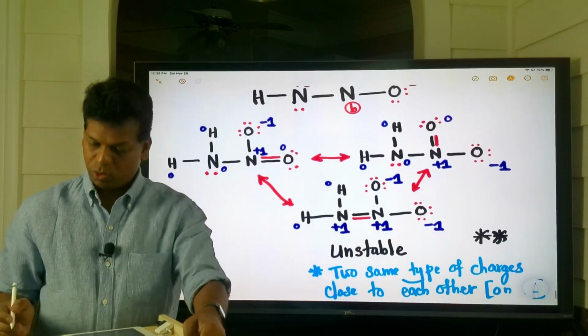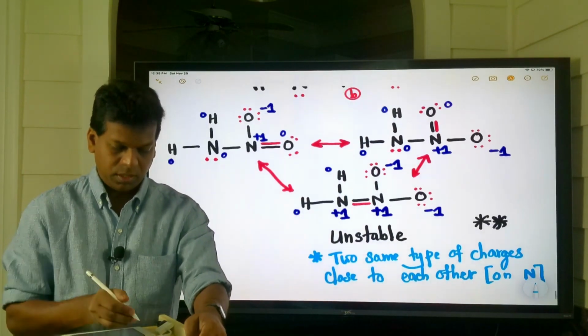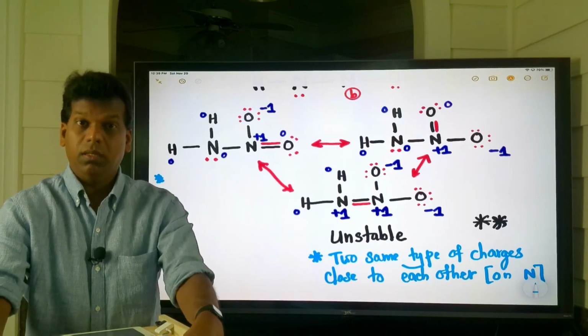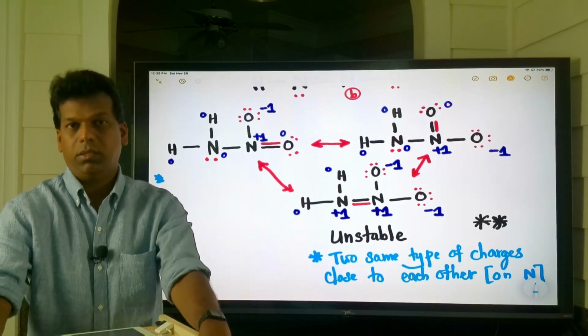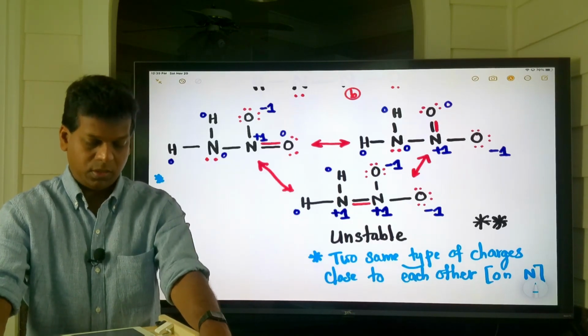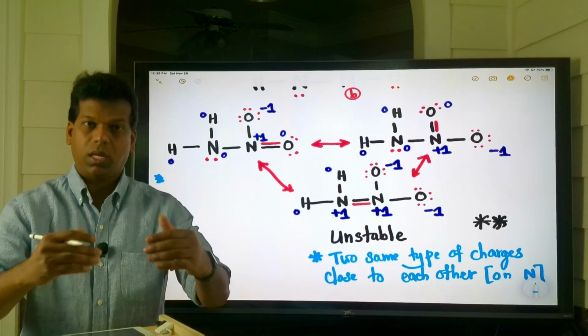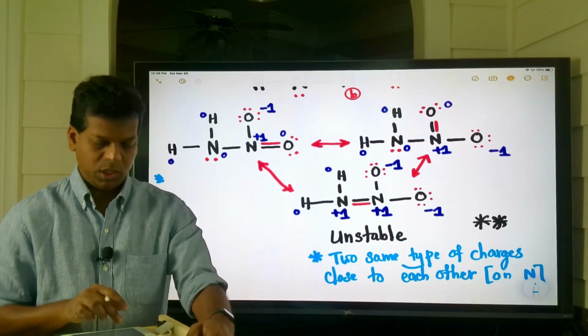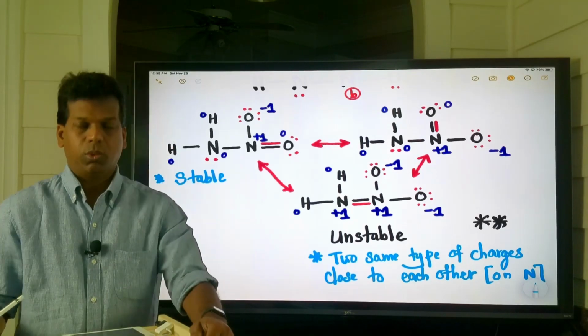But if you look at structure 1, this one, oxygen has the negative formal charge, which is good, because the most electronegative elements must have negative formal charges. Nitrogen has +1. Those are opposite charges, plus and minus. So this one is a stable structure. Why?